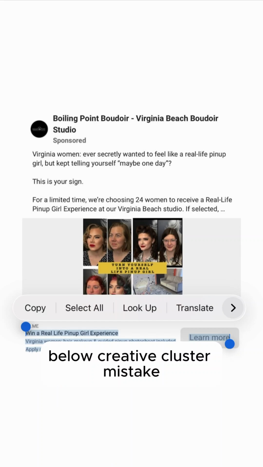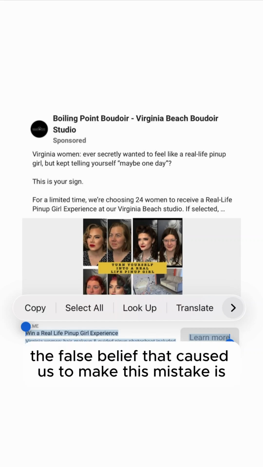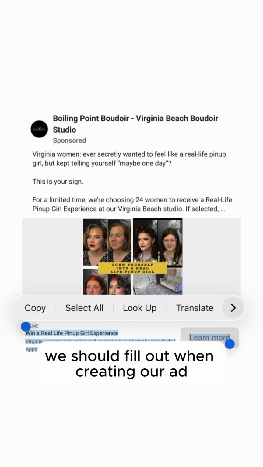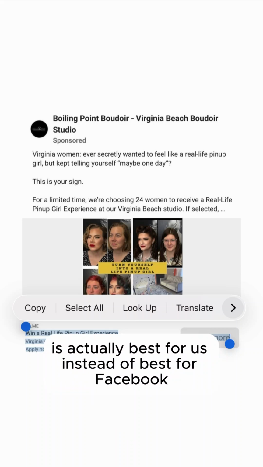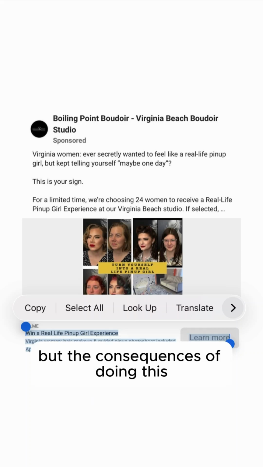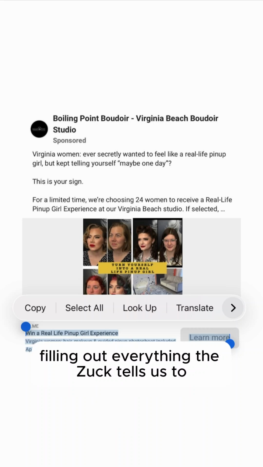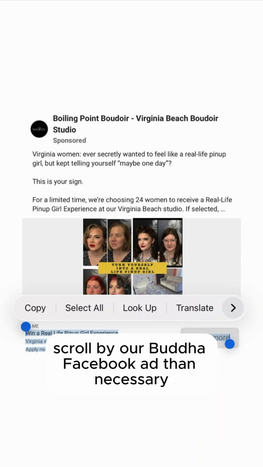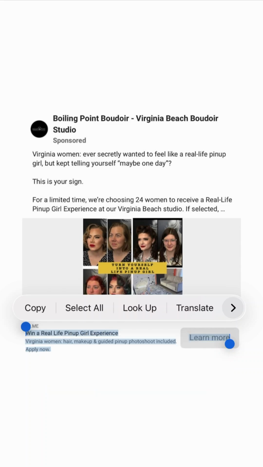below creative cluster mistake. The false belief that caused us to make this mistake is that we trust that what Facebook tells us to fill out when creating our ad is actually best for us instead of best for Facebook. But the consequence of filling out everything the Zuck tells us to is that way more women scroll by our Boudoir Facebook ad than necessary.